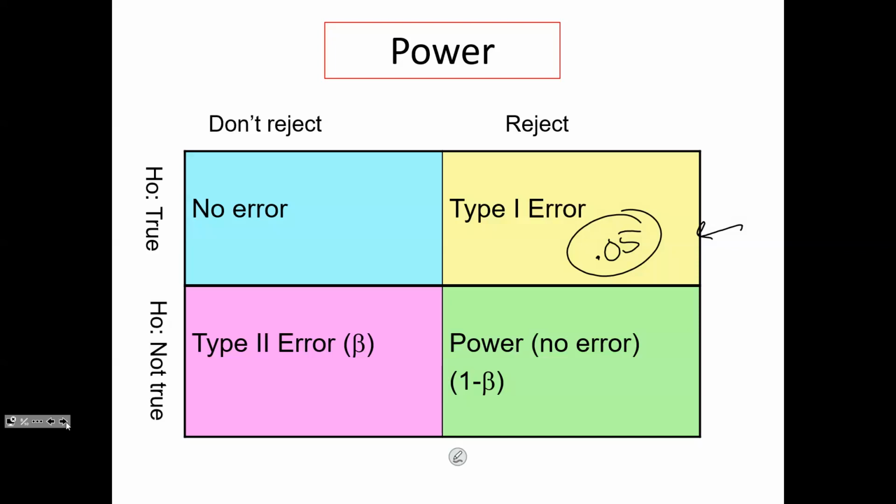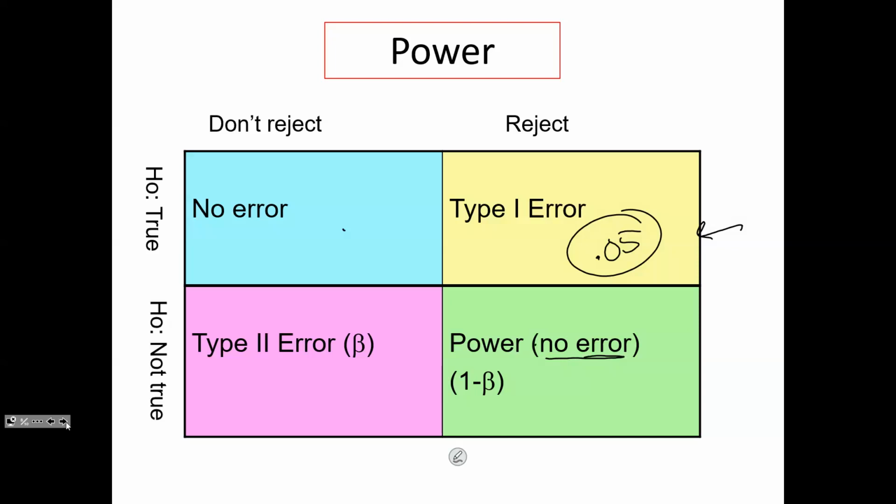And then the other option is the null hypothesis is not true, and I reject it. So the null hypothesis is not zero in the population, and I say it's not zero. Here, just like up here on the diagonal, I haven't made an error, and that's 1 minus beta. So these two things are going to add to 1.